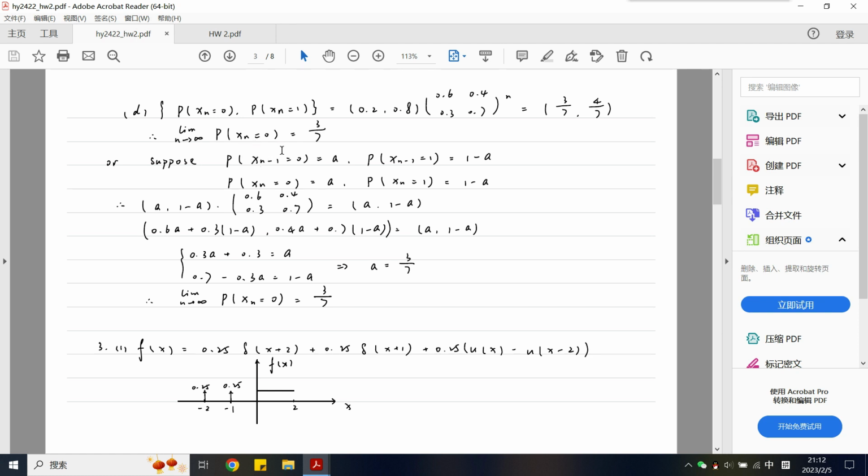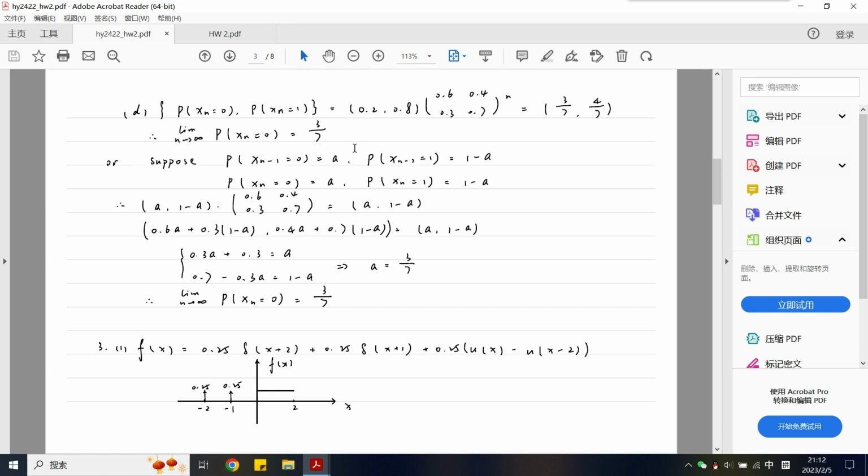Or we can suppose that the probability that xn minus 1 equals 0 is a, and the probability that xn minus 1 equals 1 is 1 minus a, and the same for xn.